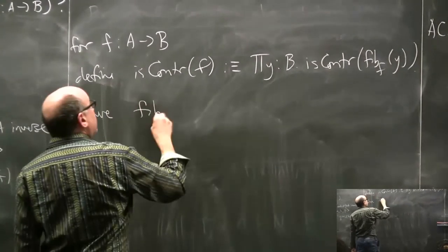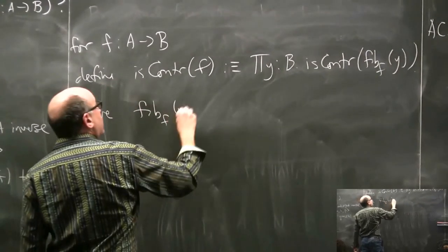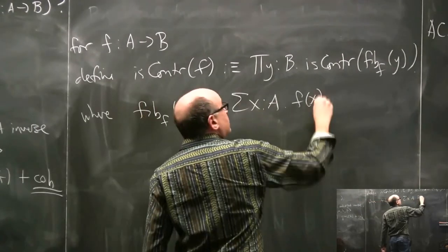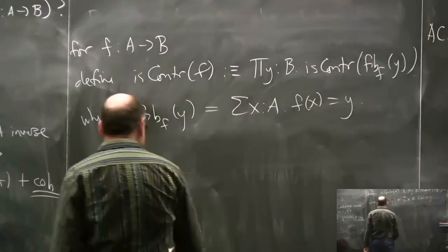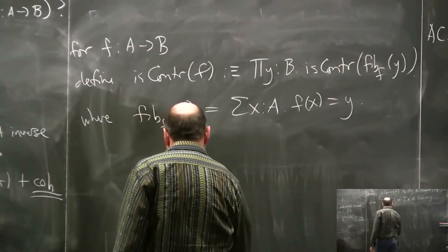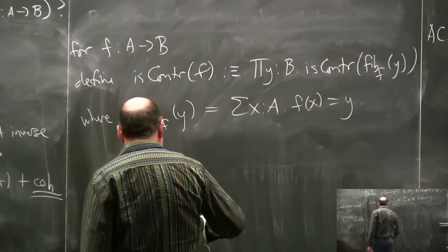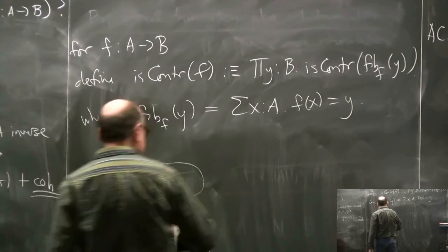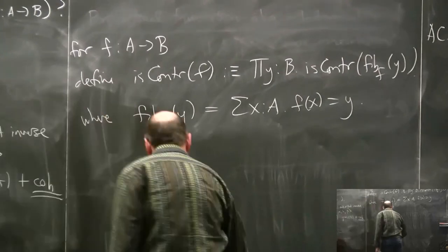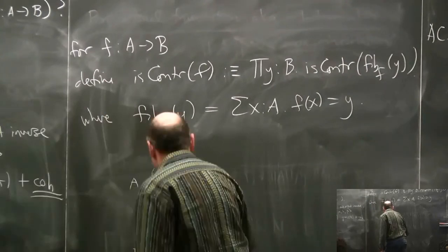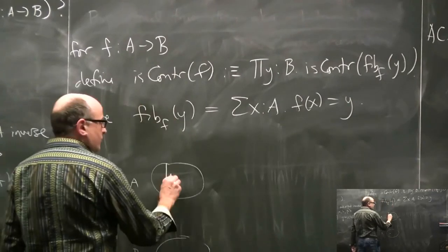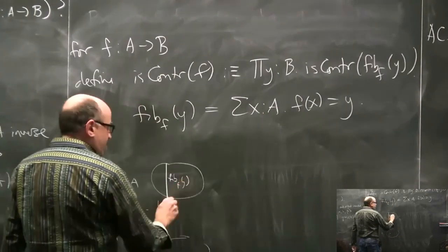So what is the fiber of f over y? Well, it's the sum of all the x's in A such that f of x is equal to y. We have A and B, and f goes down here, taking A to B. If you pick a y down here, then the fiber is that line that I often draw, the fiber of f over y.